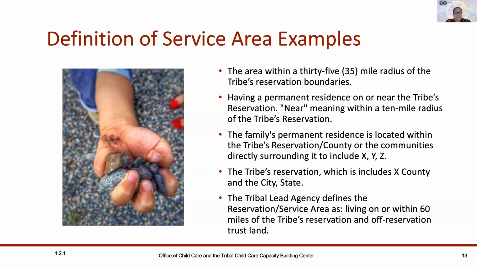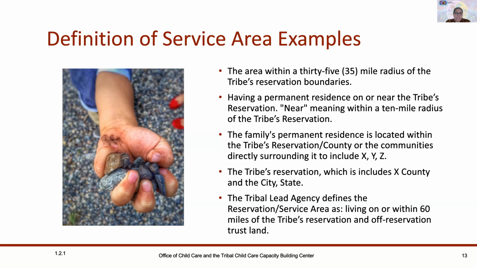And here are some examples of service area for reference. The area within a 35-mile radius of the tribe's reservation boundaries, having permanent residents on or near the tribe's reservation, near meaning within a 10-mile radius of the tribe's reservation. The family's permanent residence is located within the tribe's reservation, county, or the communities directly surrounding it to include XYZ.